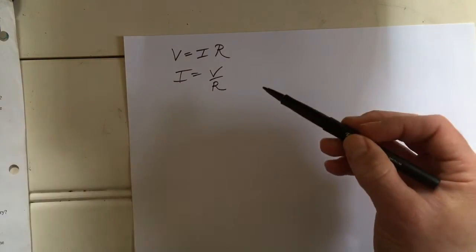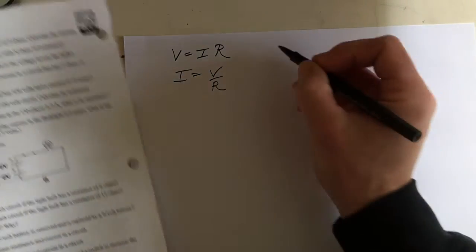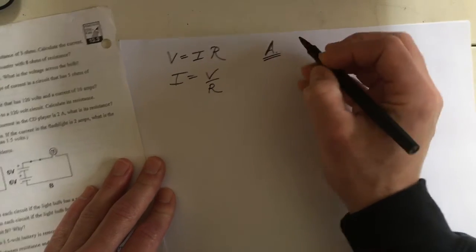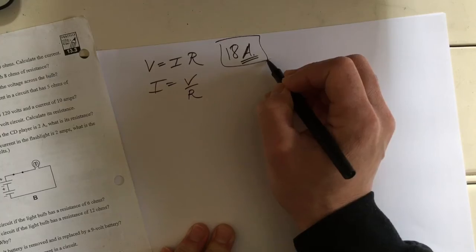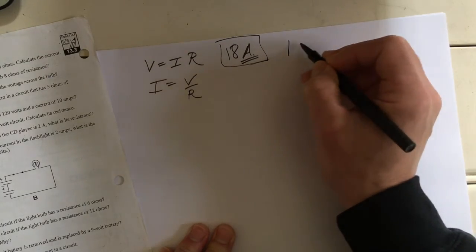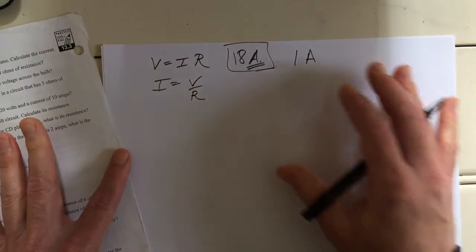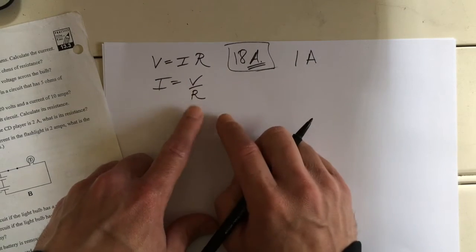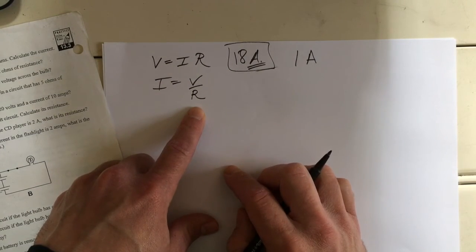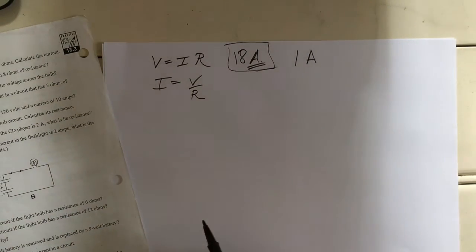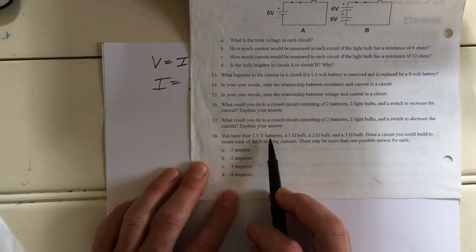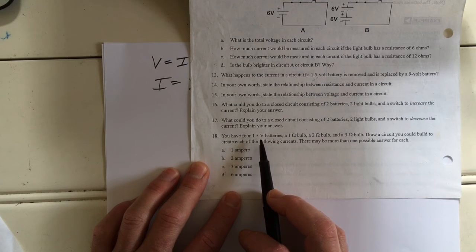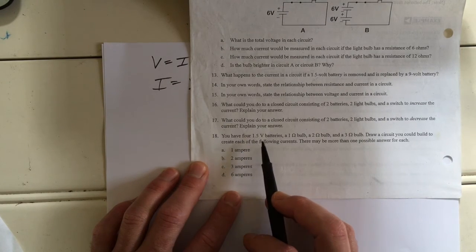To create, for part A, which asks for 1 amp, we would need the voltage and the resistance to be the same, the same number on top and bottom. So right away, if I use every battery, that would be 1.5 plus 1.5 is 3, plus 1.5 is 4.5, plus another 1.5, 6 volts total.